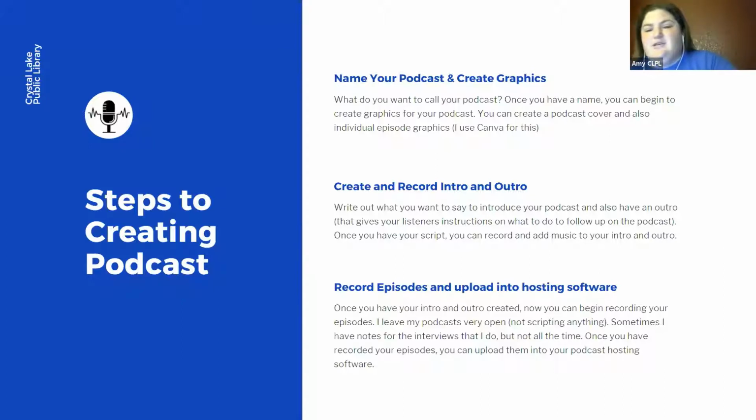The next part is recording your intro and outro. If you notice on podcasts, and this is where people think it has to be so complicated, people who have big budgets and can hire people to help them with their podcasts do these interesting things, interesting sound effects and everything. But really all you need is some simple music, which I'm going to show you how to get.